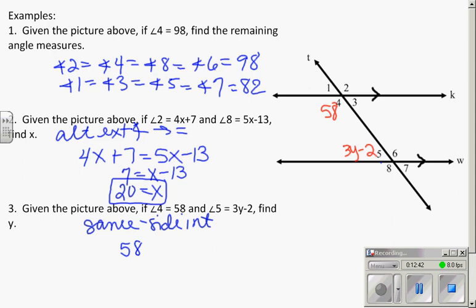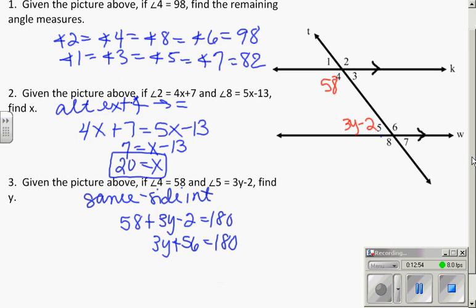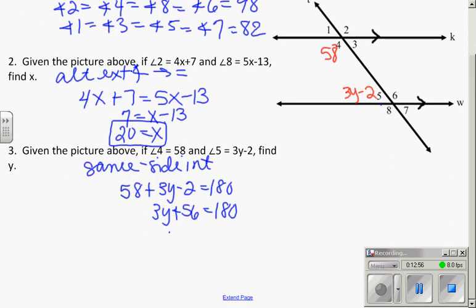And if the lines are parallel, they are supplementary. So 58 plus 3y minus 2 equals 180. Combine like terms, 3y plus 56 equals 180. Subtract 56 from both sides. 24, y is 8.